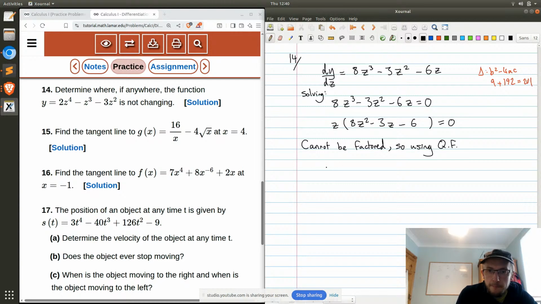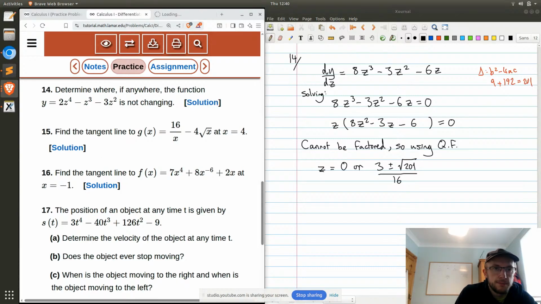So z equals 0, or extracting the components and putting them into minus b plus or minus the square root of b squared minus 4ac all over 2a. So 3 plus or minus the square root of 201, all over 2 times 8, so 16. So that's what I believe the answer is, but we'll see.